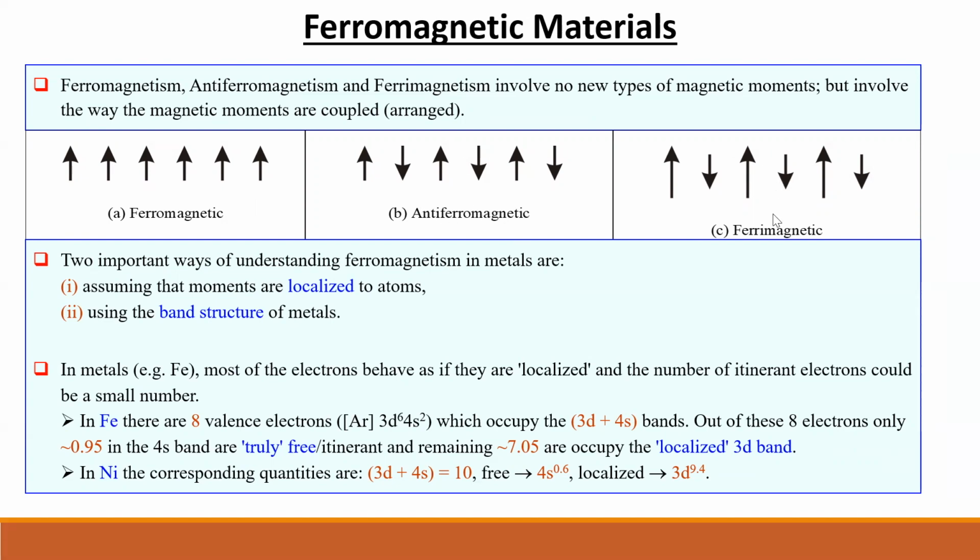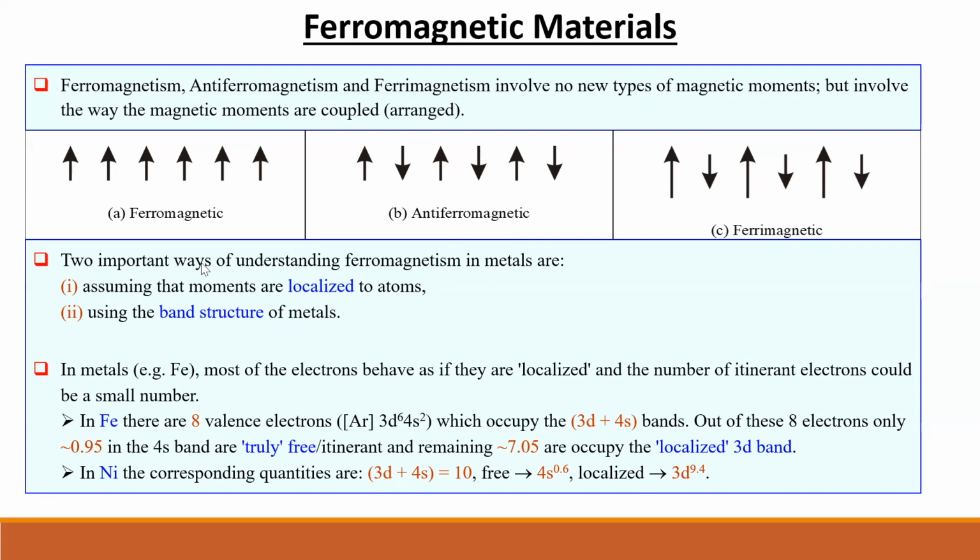In ferrimagnetic materials, the magnetic moments in the up direction have a higher magnitude compared to those in the down direction, so there will be a small net magnetic moment.